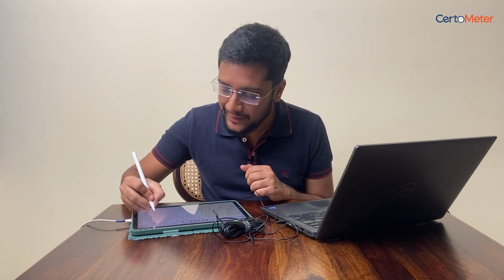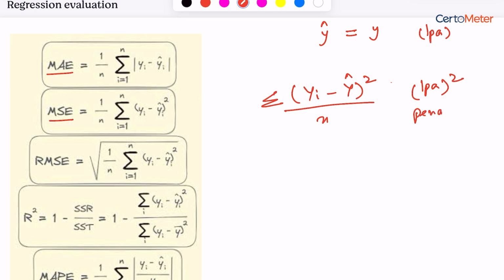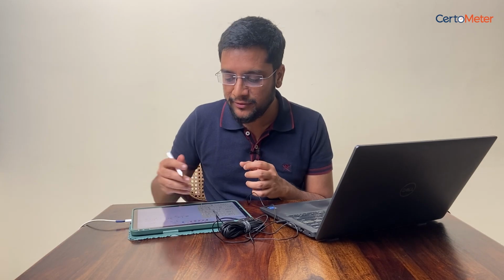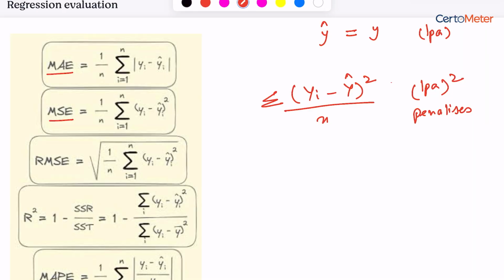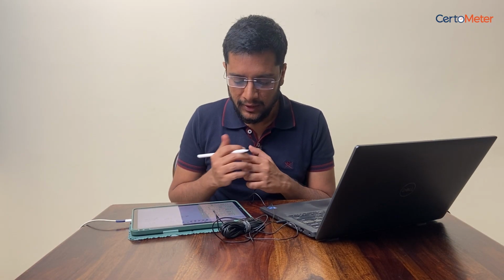Secondly, if there are outliers in my data set, it penalizes them very heavily. Because first we calculate the difference between the actual and predicted and then we square it also. That means for every error we are punishing the model because we are squaring the error. So this is a little harsh error.